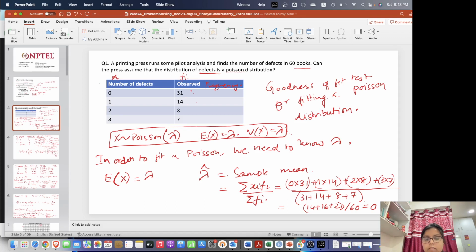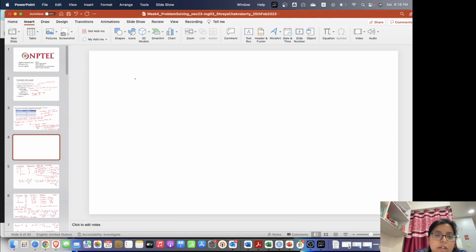Normally, in binomial distribution, we consider less than 30, correct, ma'am? If you want to fit a binomial distribution, you can also do it. But it's not a question of 30, it depends on the type of distribution.